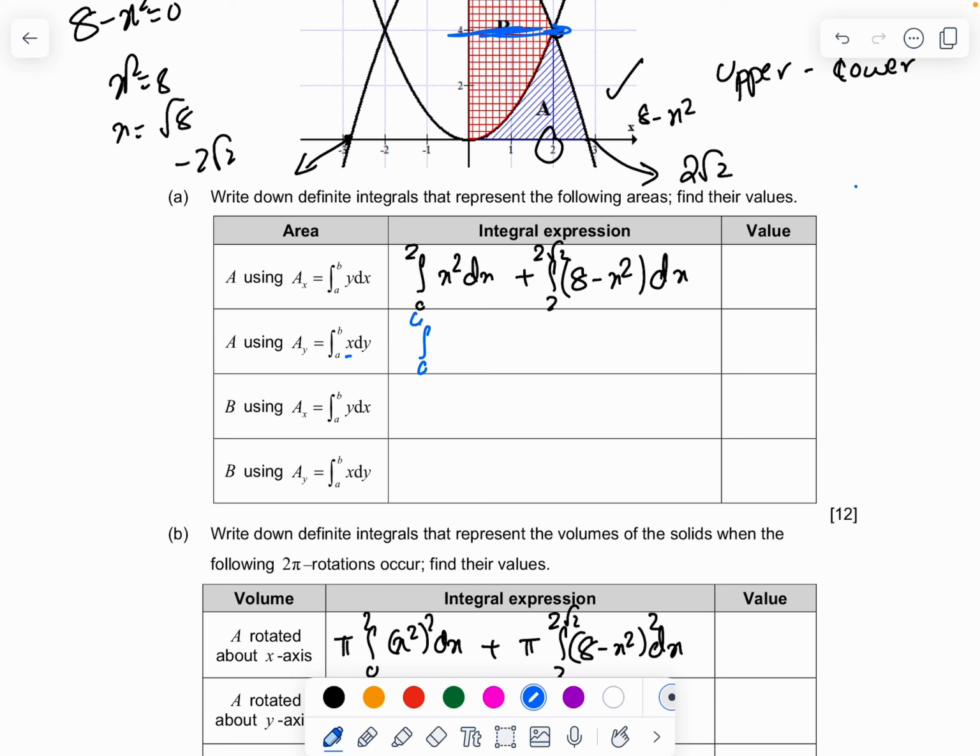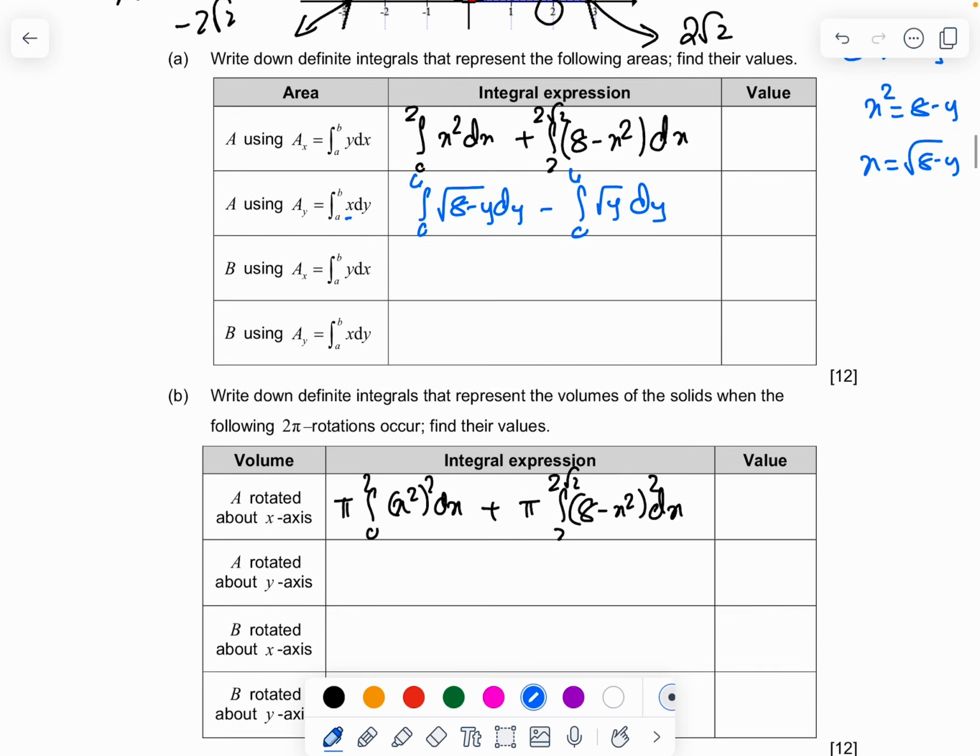So we know that 8 minus x square equals y. So x square equals 8 minus y. x equals square root of 8 minus y. Square root of 8 minus y dy minus 0 to 4 square root of y dy. Now the volume is going to be 0 to 4 pi times 8 minus y dy, square and square root get cancelled, minus 0 to 4 y dy, square and square root get cancelled.